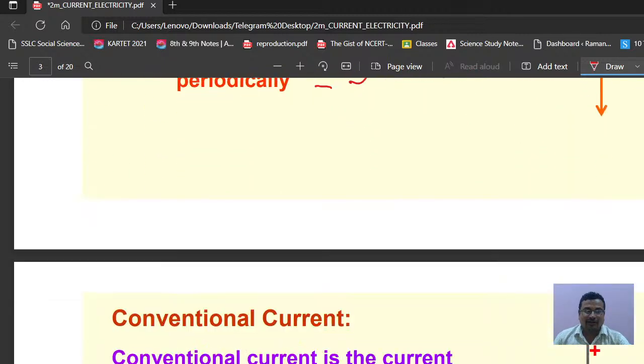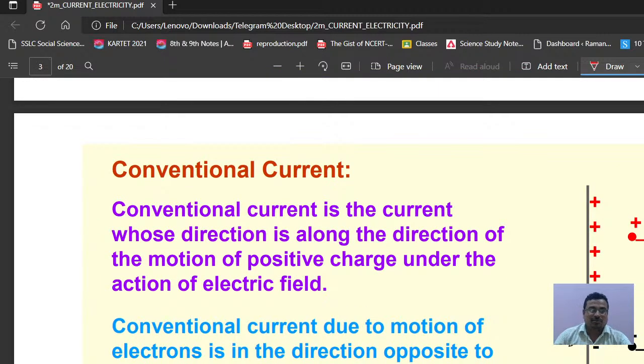Now move ahead. Now we are going to discuss the conventional current. So my dear friends, this is the metal. Metal is a conductor, and the plastic pen is an insulator. The substance is a conductor because current is passed.